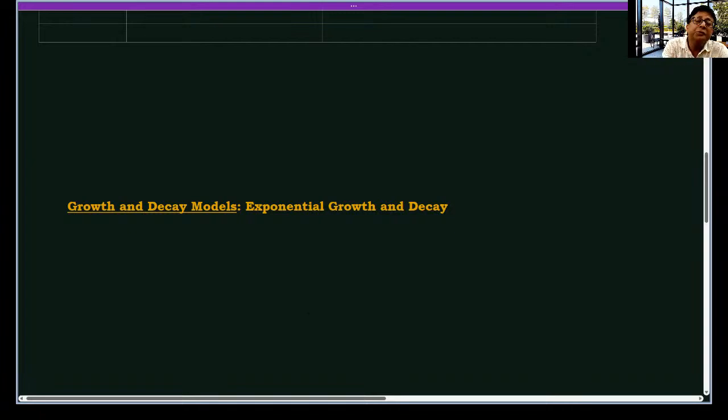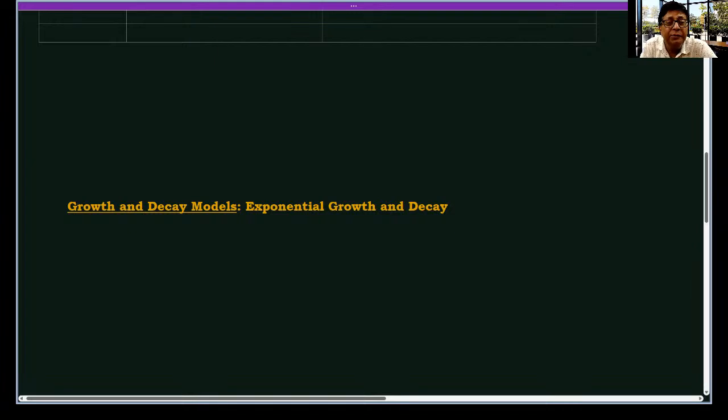Some are able to deposit 5,000 only. I'll get the amount after 10 years accordingly. You are able to deposit 5 lakhs. Then your expectation will be more. So on what factor does the growth depend? Growth depends on the amount you are depositing now.